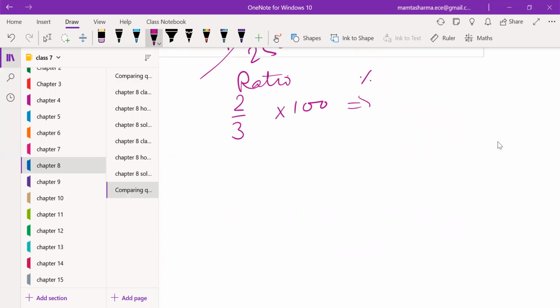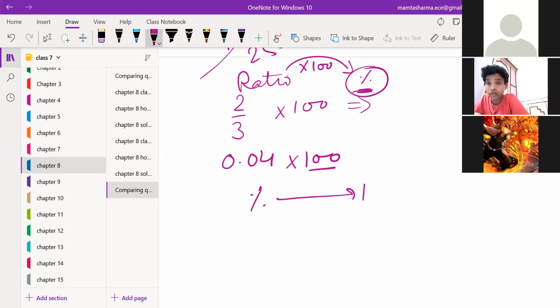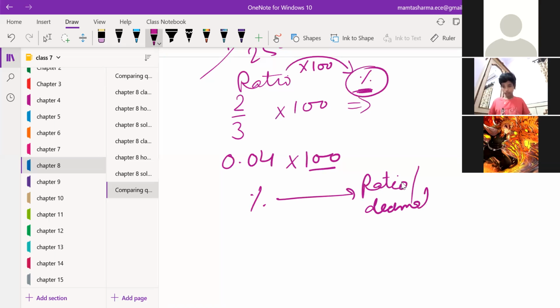If there is a decimal number, how would you convert into percentage? Just multiply with 100. And if you are doing the reverse, converting percentage to ratio or decimal number, then you have to divide with 100.